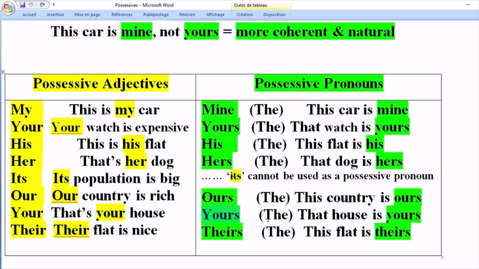Yours. That house is yours. Their flat is nice. It becomes theirs. The flat is theirs, or this flat is theirs.